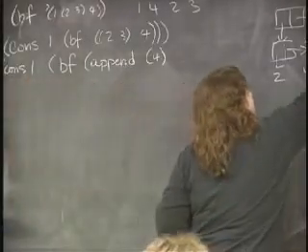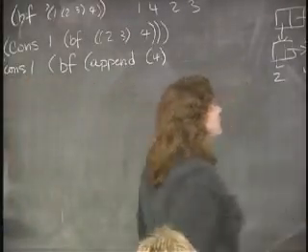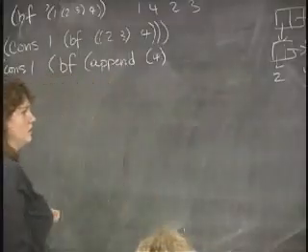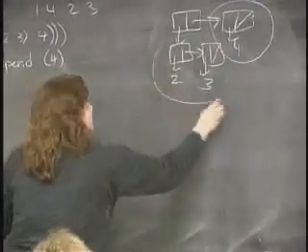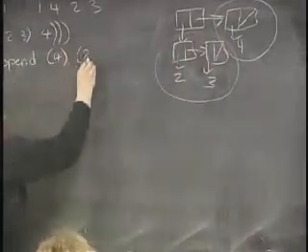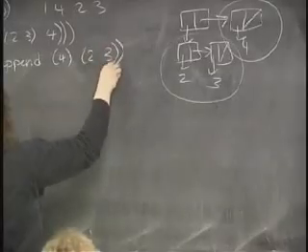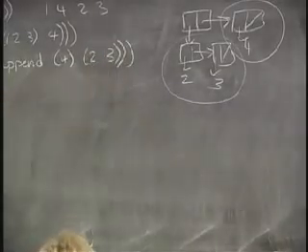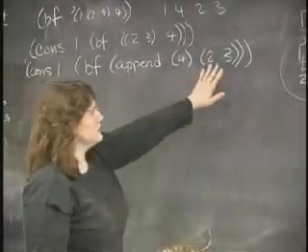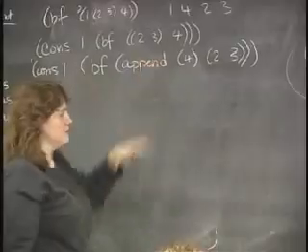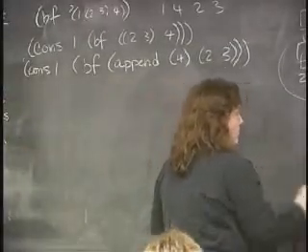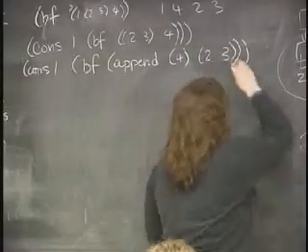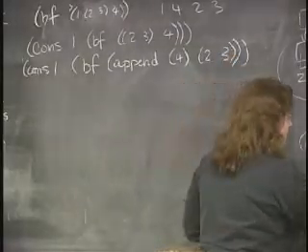This is the cdr of the tree here, to the car of the tree. This is the car of the tree. Now, I'm going to append the list 4 to this. What this will come down to once we make the calls to append is we'll be consing 4 onto this list 2, 3.